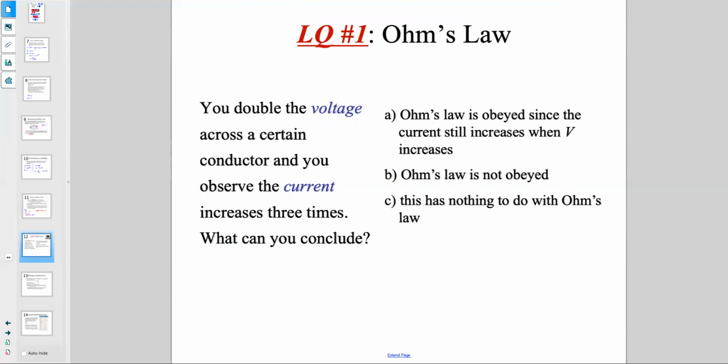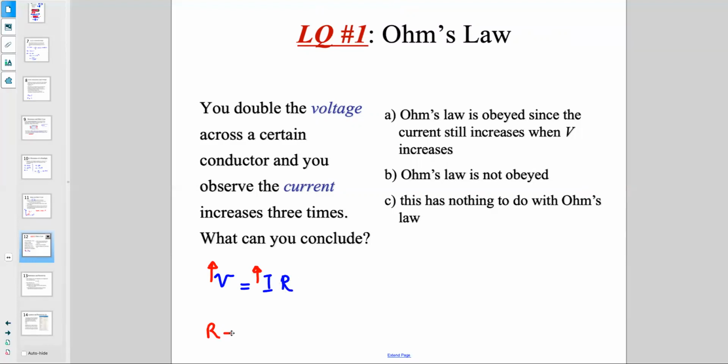So let's go over this example. You double the voltage across a certain conductor, and you observe the current increase 3 times. What can you conclude? Ohm's law is telling me that V equals IR. R is the resistance of the wire. It's always the same, so it is independent of this. If you increase the voltage, then your current should increase as well in order to keep R constant.